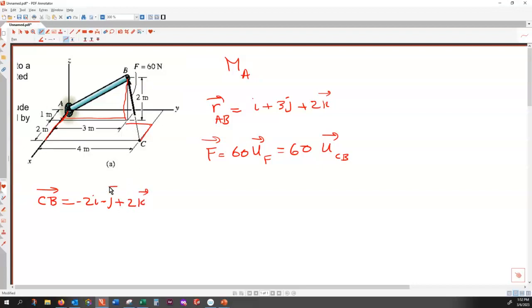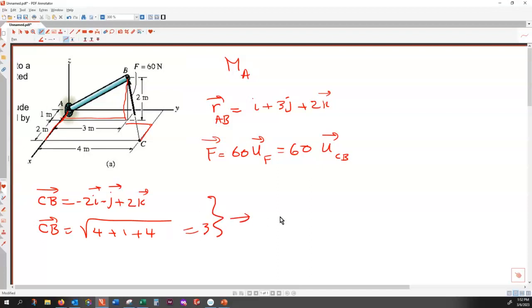The magnitude of CB is root of 4 plus 1 plus 4, which is equal to 3.